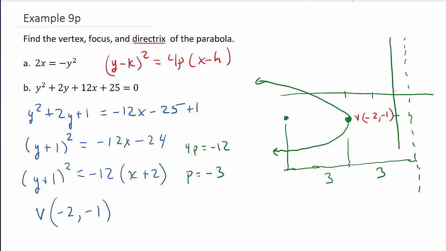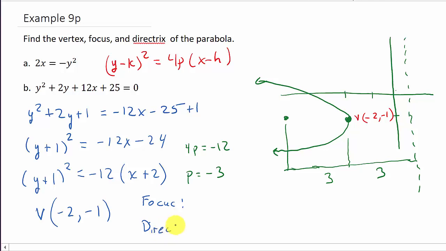Well, I know from this point I'm going 3 units this way to the focus, and I'm going 3 units to the right to get to the directrix. All right, so the focus, from here it's 3 units, that's p, okay?